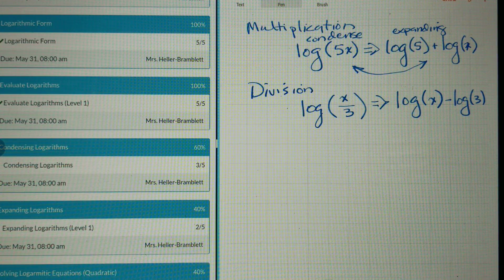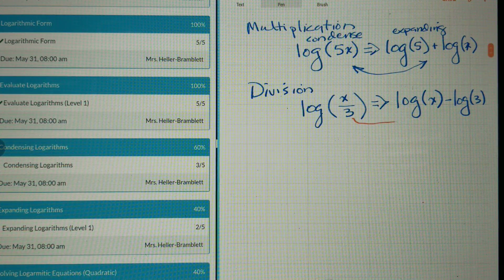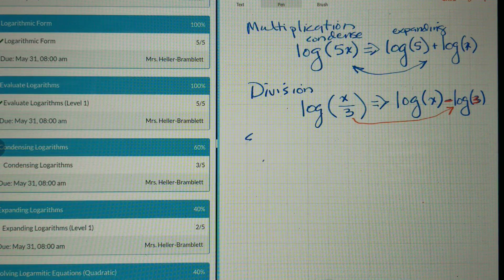In that case, the number in the denominator, or expression or whatever it is, goes right over here, and that gets subtracted. That's division.